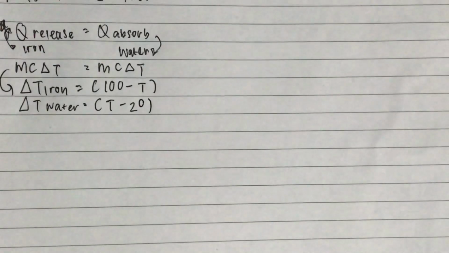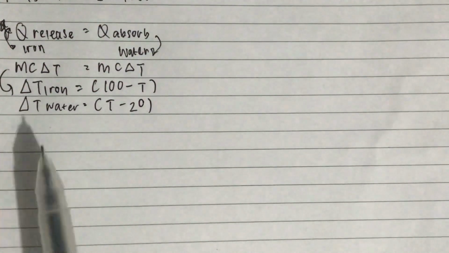And now we can just write down the formula of Q. Reminder that delta T is the change of temperature, so we cannot just directly put the number of temperature, for example, the iron temperature or the water temperature, directly into the solution.